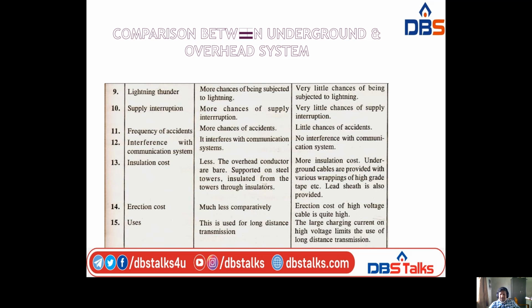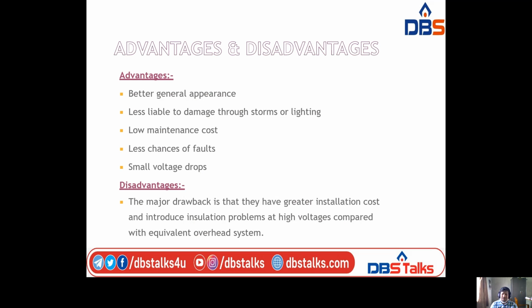The overhead system is used for long distance transmission, whereas the large charging current at high voltage limits the use of cables for long distance transmission. We are not using cables for long distances. What are the advantages and disadvantages of cables?